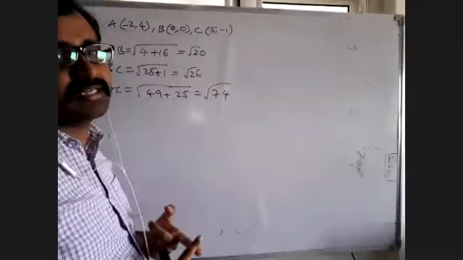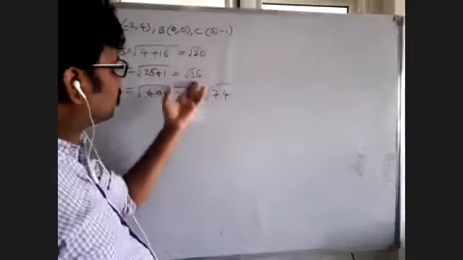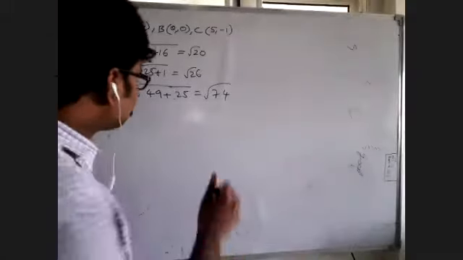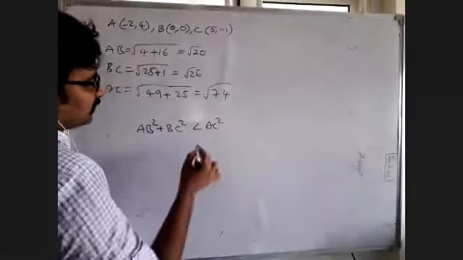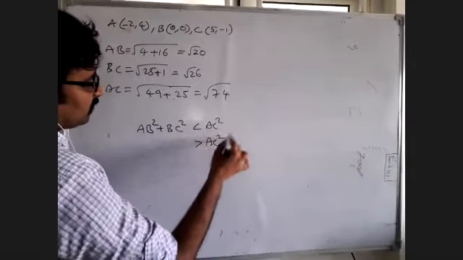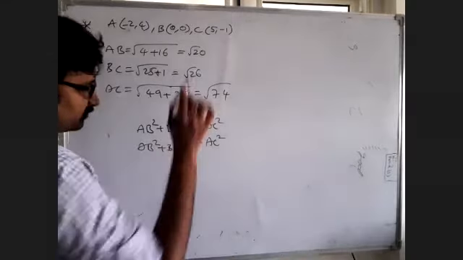Next, the fourth one, right angle triangle: AB square plus BC square is equal to AC square. That does not hold. 20 plus 26 is 46, and this is 74. Next, what? AB square plus BC square less than AC square is one condition, and greater than AC square is another.